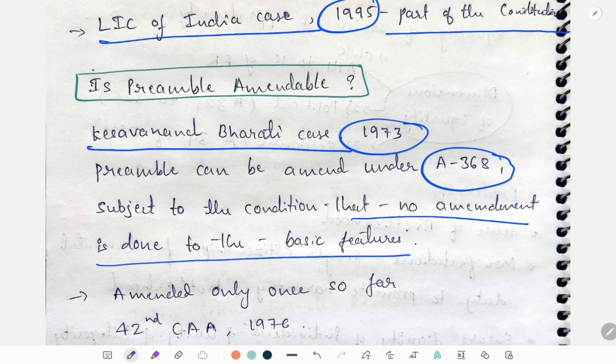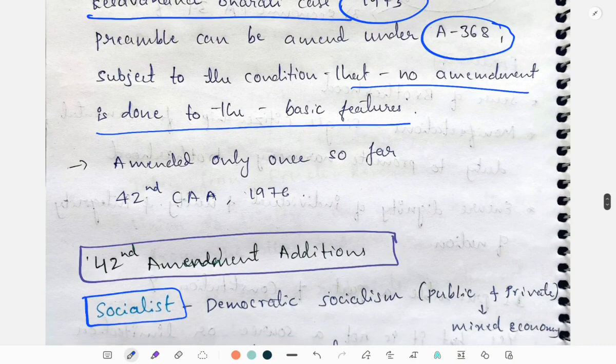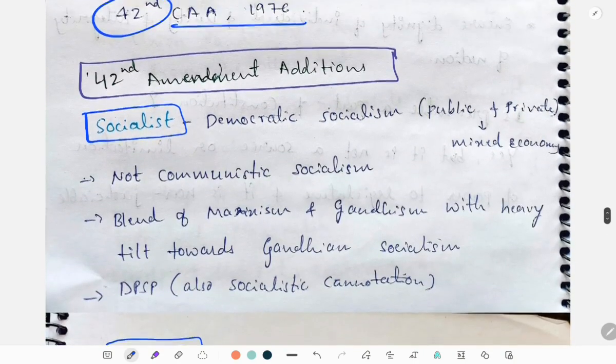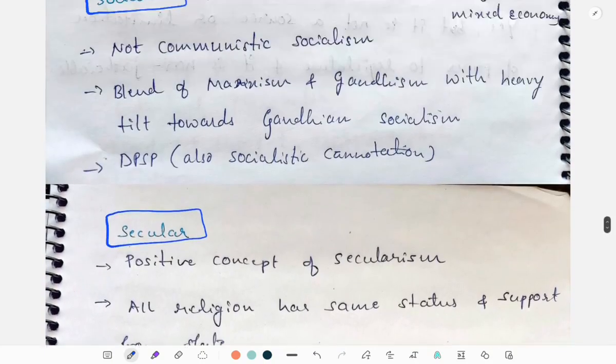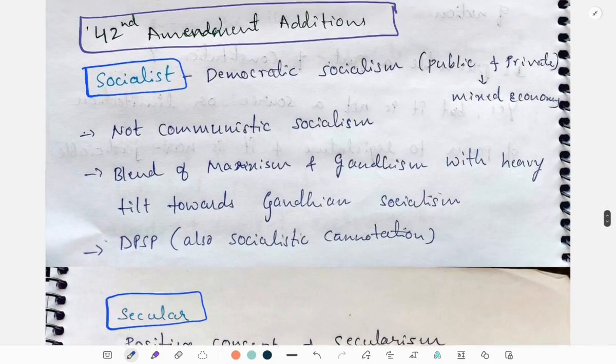It has been amended only once so far, by the 42nd Constitutional Amendment Act, 1976. In this amendment, the words socialist, secular, and integrity were added.